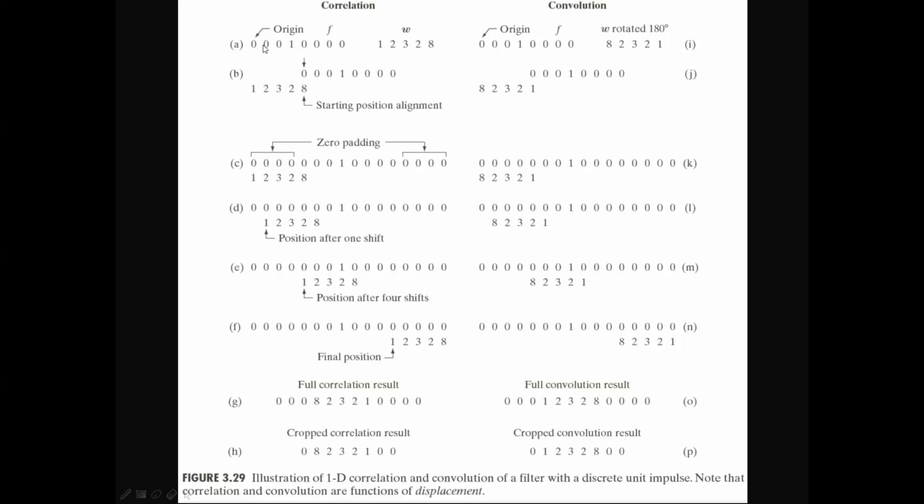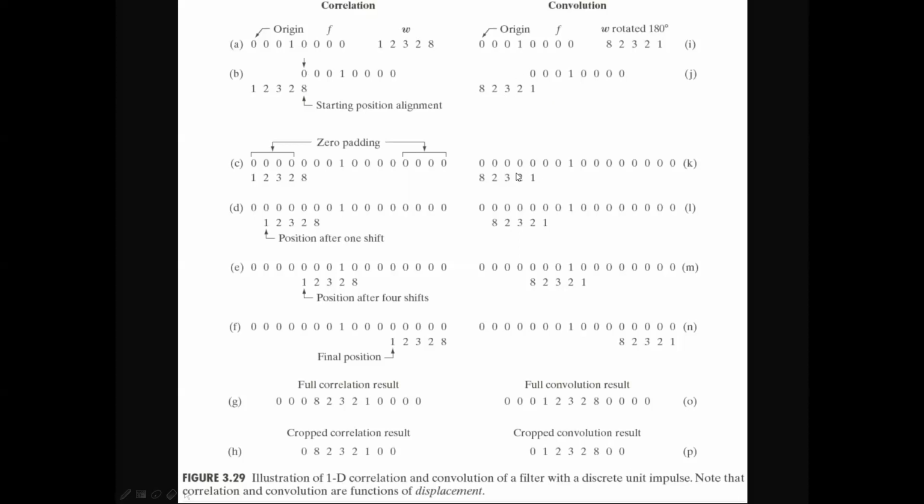In step A, we have taken zeros, the image 10000, and the mask 12328. If we shift, the 12328 mask, when we rotate it 180 degrees, will become 82321.